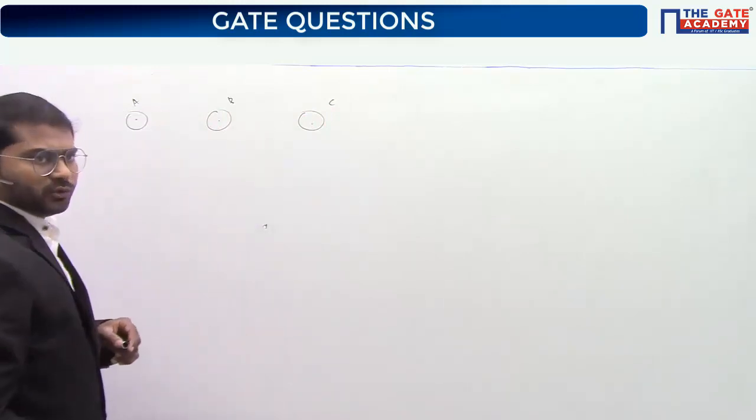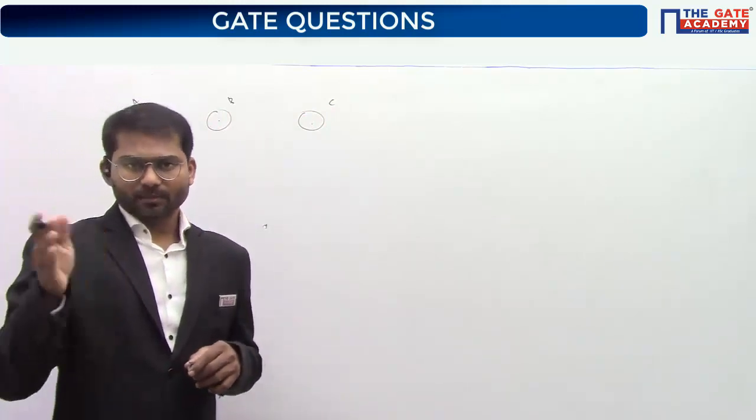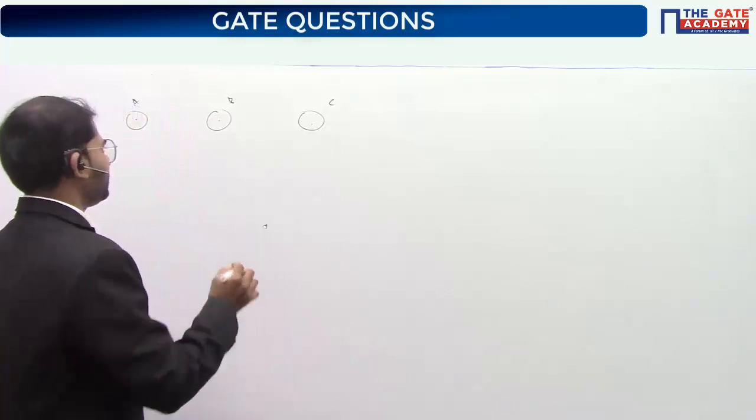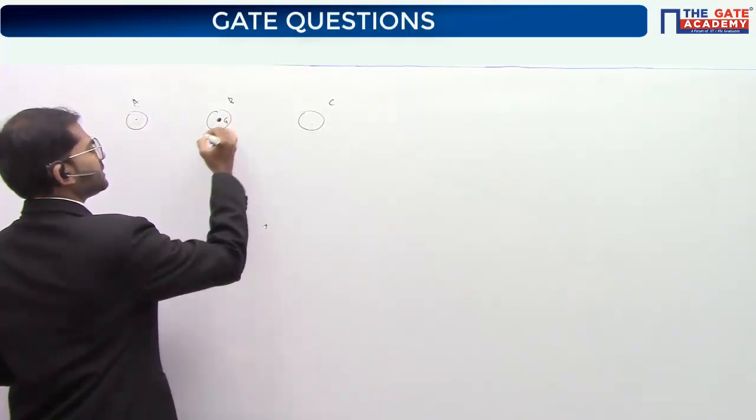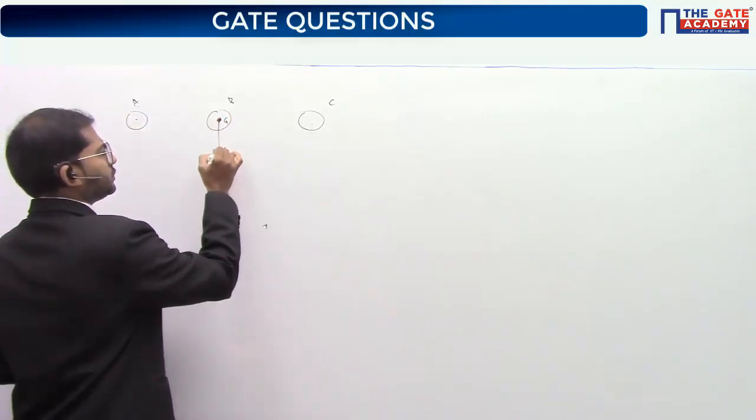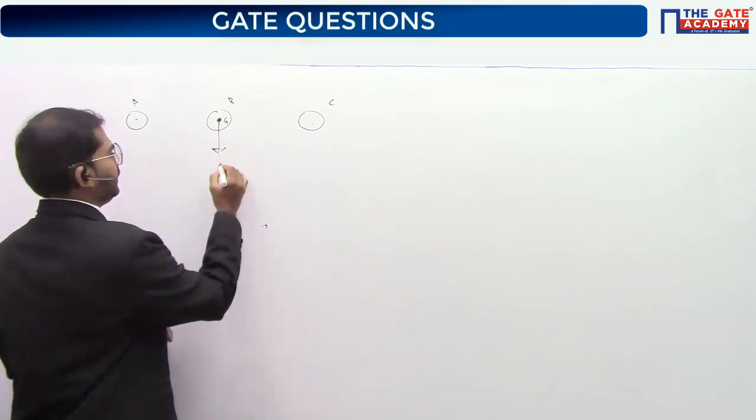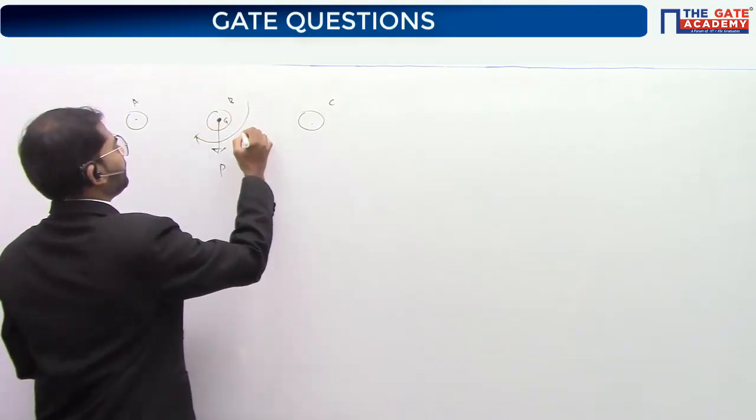Now, if you transfer the load from the applied location to the centroid of the arrangement, this is the centroid here, that will give rise to an applied load P and a moment of P into e.